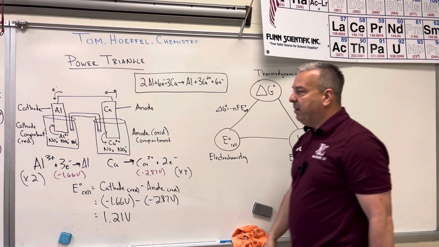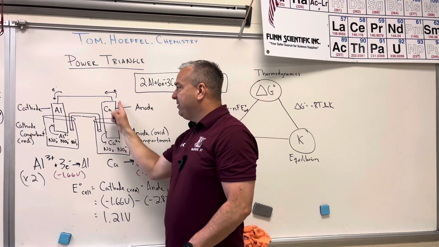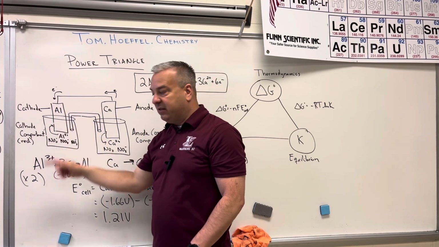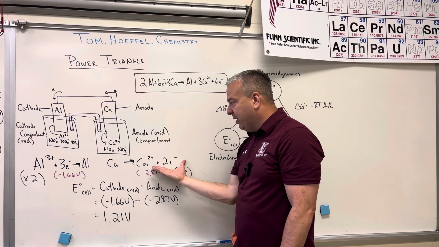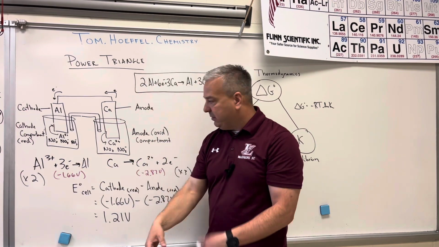In the last problem, we dealt with a voltaic or galvanic cell where the calcium is being oxidized, losing electrons and giving those electrons to aluminum. The calcium can't give up 2 electrons and have the aluminum receive 3, so we had to do some multiplication.